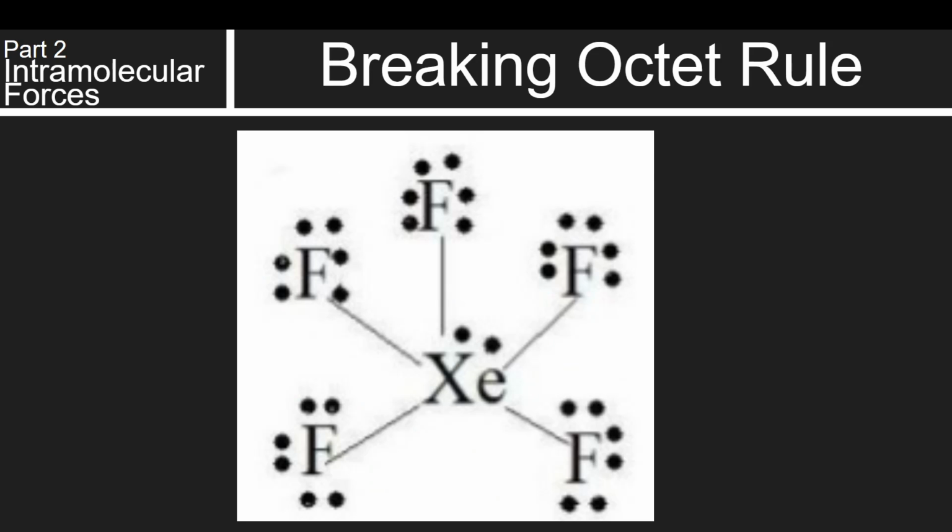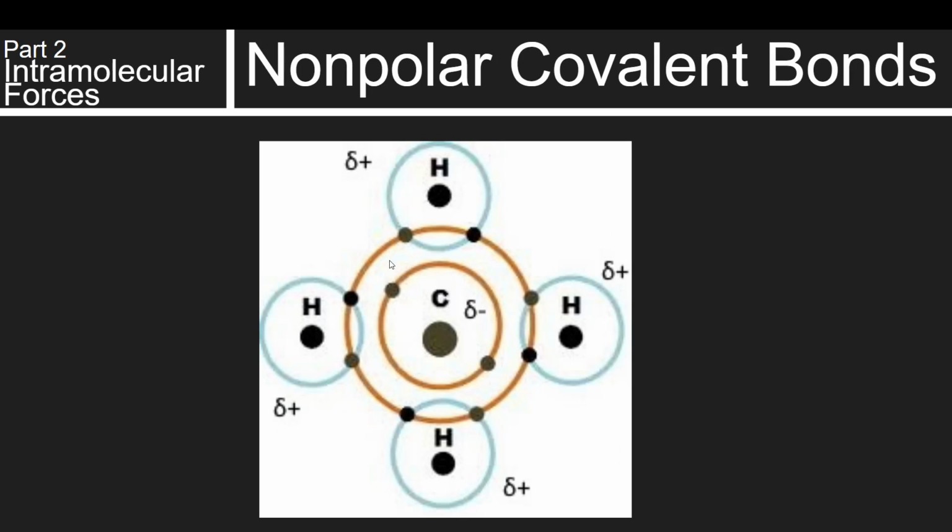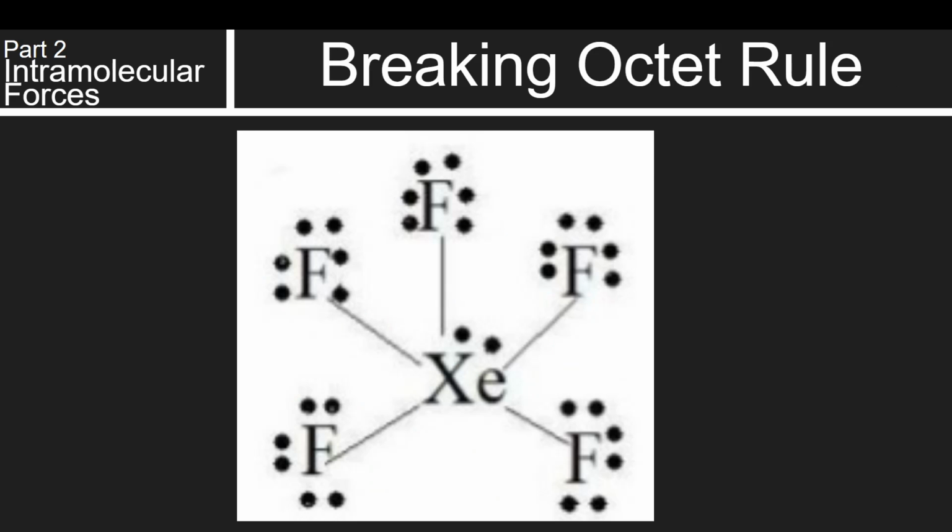The octet rule is something really nice that we love to use. It's a rule of thumb that we just need to find 8 for anything that isn't hydrogen, and it'll be happy. Unfortunately, that's not the case sometimes. Sometimes what ends up happening is that, like with xenon, it actually has 12 around the center in this covalent bond.